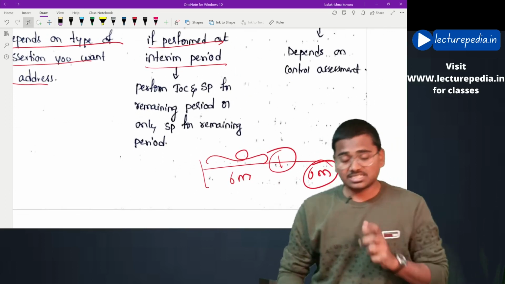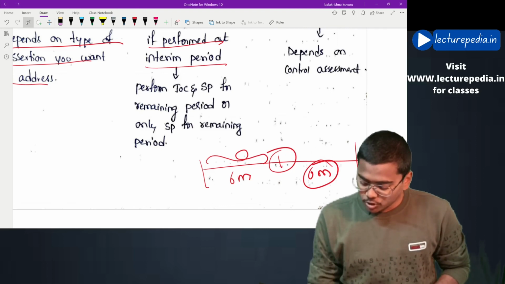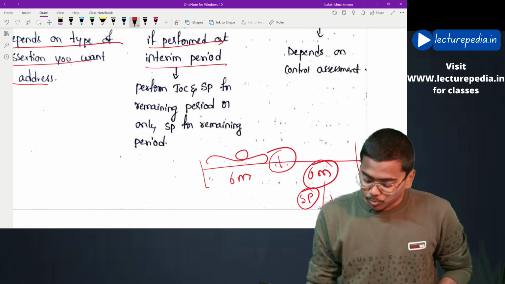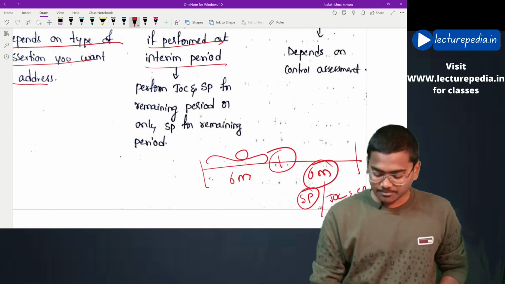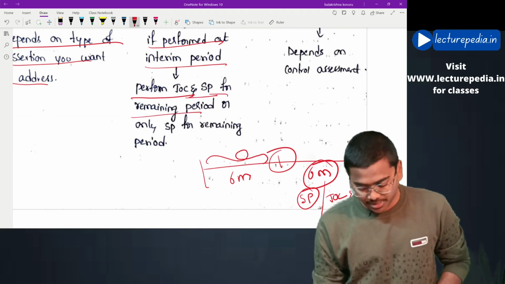the auditor has to decide whether it is sufficient only to perform substantive procedures or to perform both test of controls and substantive procedures for the remaining period.